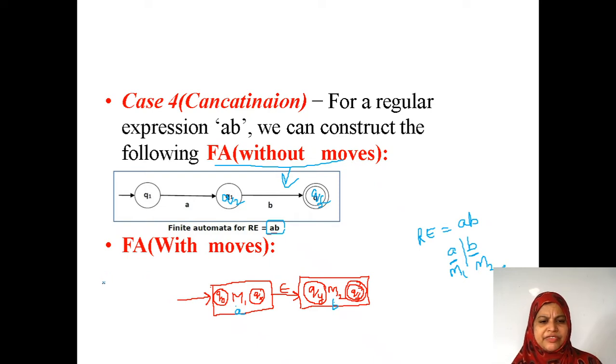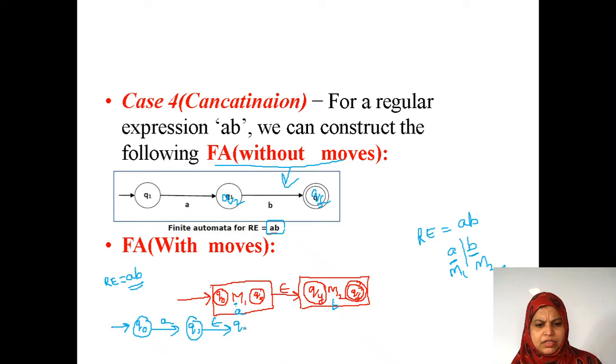Here I am going to draw this finite automata for A comma B with epsilon moves. First Q naught, then A, Q1. See here, M1 is A, followed by epsilon, then Q2.